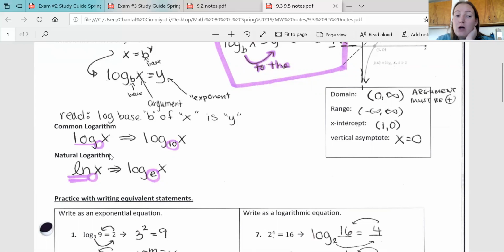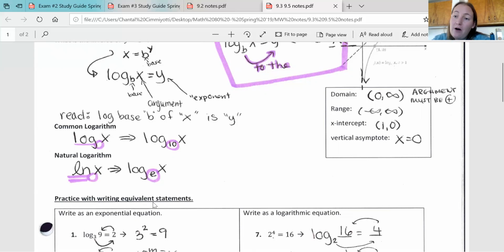The natural logarithm is coming from a lot of things that happen in nature, and that involves this letter, which represents a number, e, about 2.7. We'll talk about e a little bit more in a moment. So the natural log, ln, is the same as a logarithm of base e.